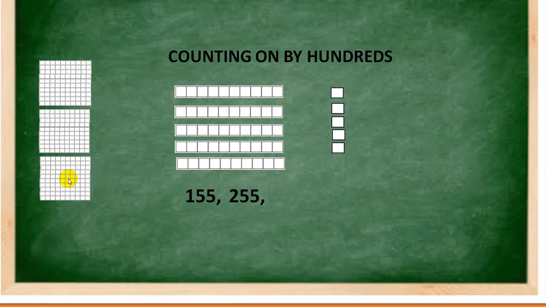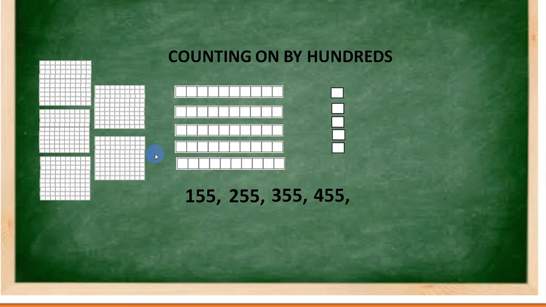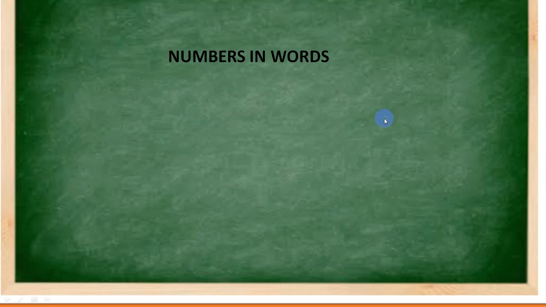I put one more hundreds, and it will become 355. Put one more, and it becomes 4, 5, 5, 455. And if I put one more, it will become 5, 5, 5, or 555.